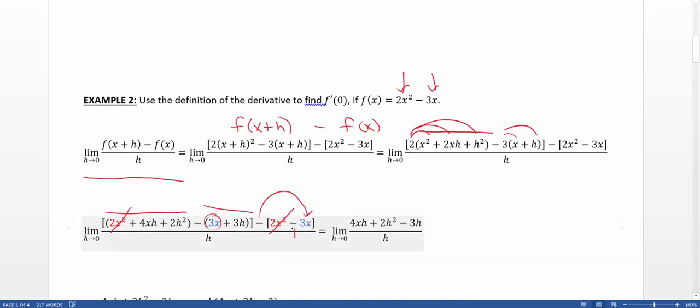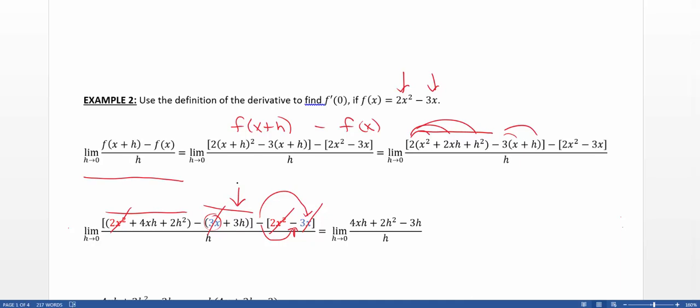So notice that this was negative, but this minus is going to cancel it out. So these 3 x's also cancel each other out. So now that those things are canceled, we're left with the limit as h goes to 0 of 4xh plus 2h squared minus 3h. So the minus 3h came from this little term over here that we've just been carrying along, all divided by h.